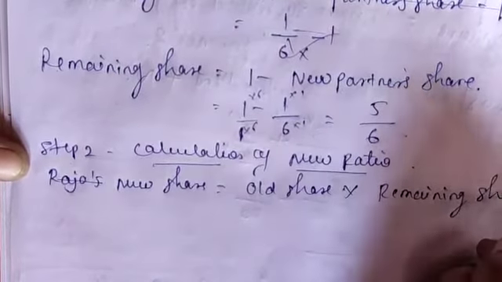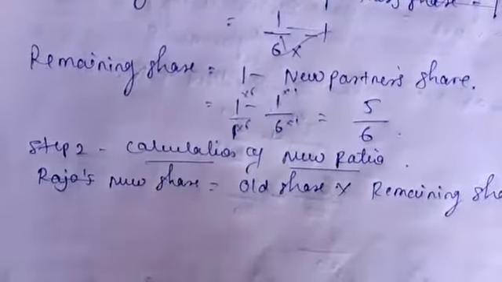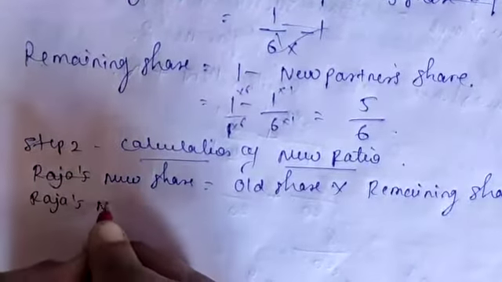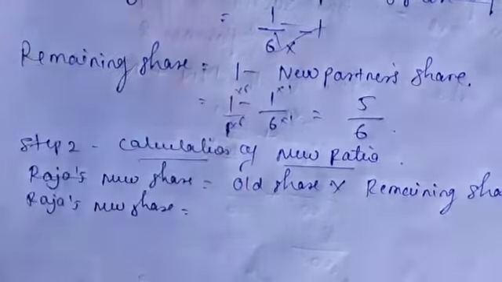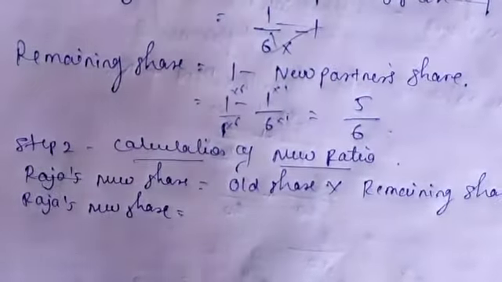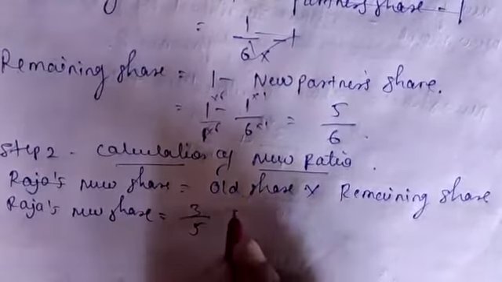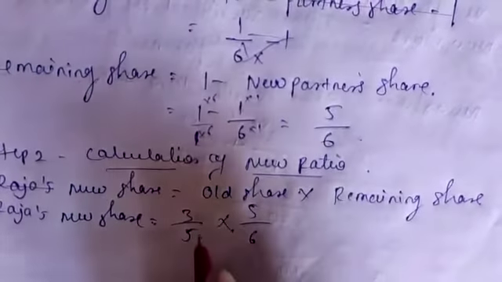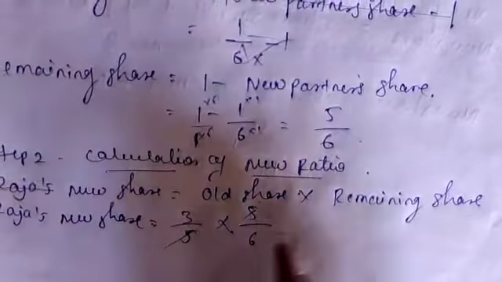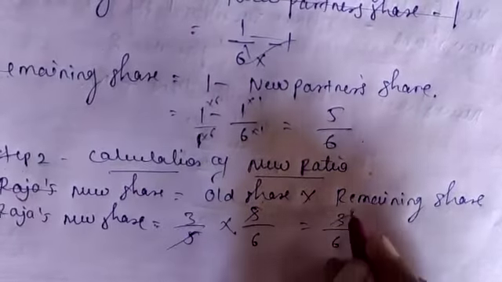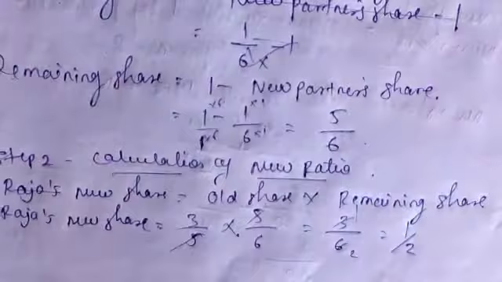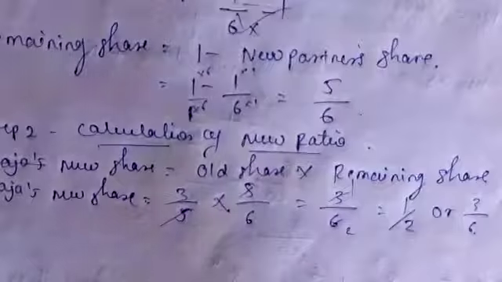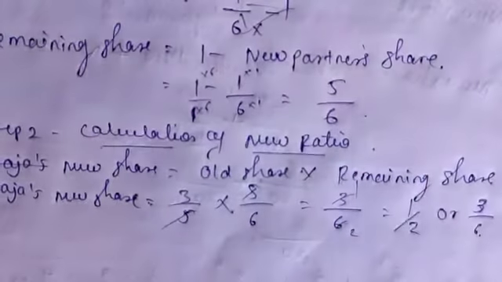In all problems you should write the main formula first. After that you take the individual new shares. Raja's new share: the old share of Raja is 3 divided by 5, into the remaining share 5 divided by 6. So 5 cancels, and it remains only 3 divided by 6. 3 ones are 3, 3 twos are 6, it is a half. Or you can put 3 divided by 6 also. It is also okay.